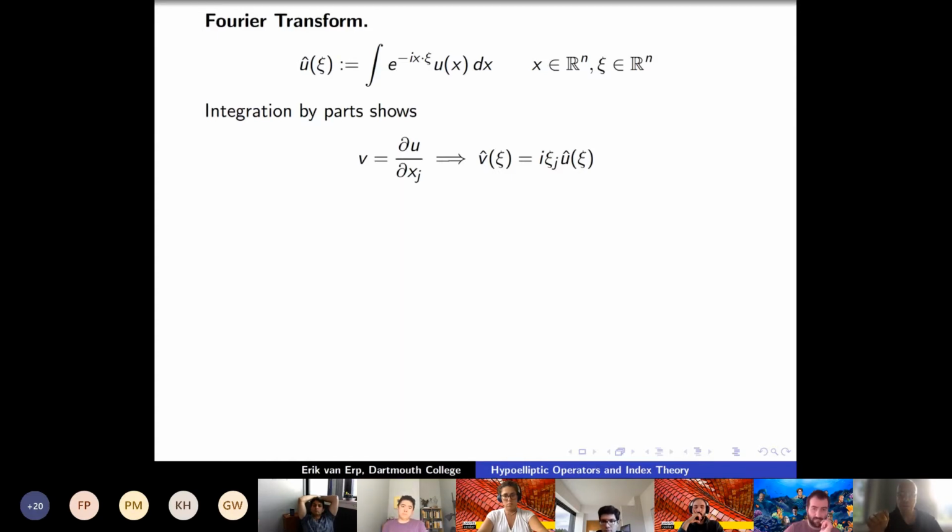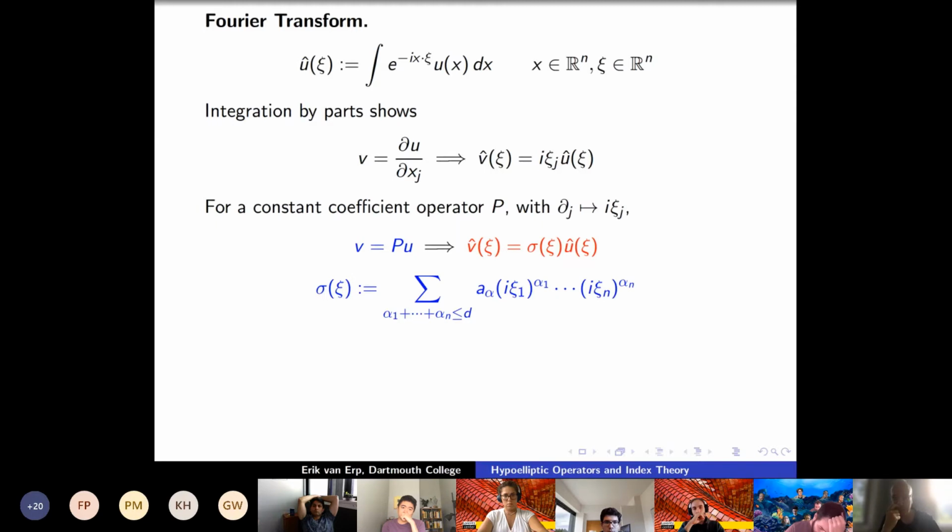So if you take an x derivative and you take the Fourier transform of the result, you get the old Fourier transform multiplied by xi, and then there's an i there. And this means that a linear differential operator is also turned into a multiplication operator.